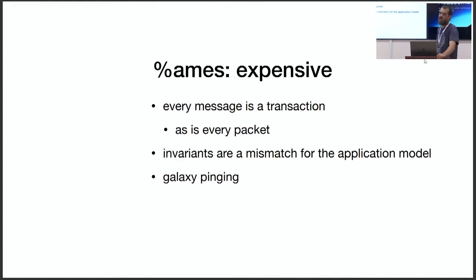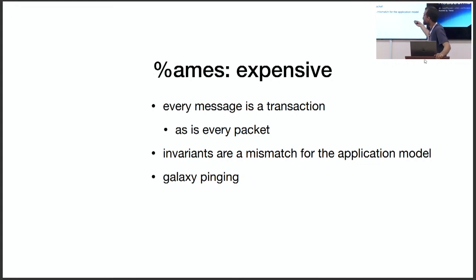But it's also really, really expensive. So every message is a transaction. Arguably, this is a really, really nice thing. It lets you build reliable, distributed state machines. Every packet is a transaction. It's like, how much do you really care about packets?